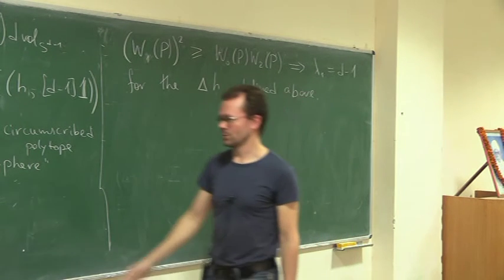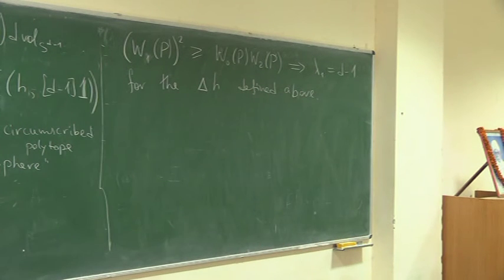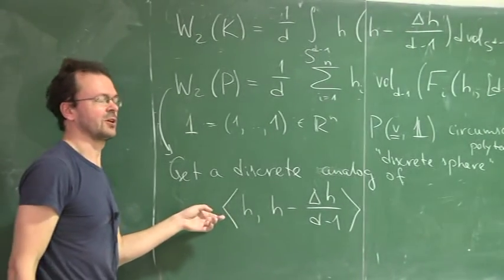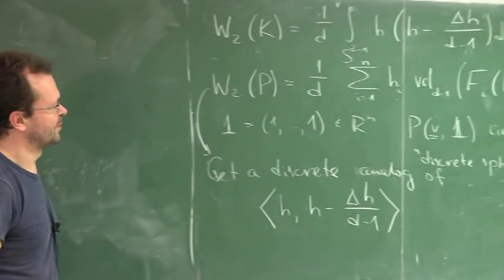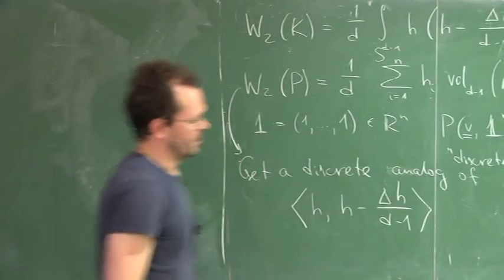Not exactly, actually; what one proves is that this quadratic form is non-negative definite, and that is equivalent to that spectral gap. So one gets this basically for free.